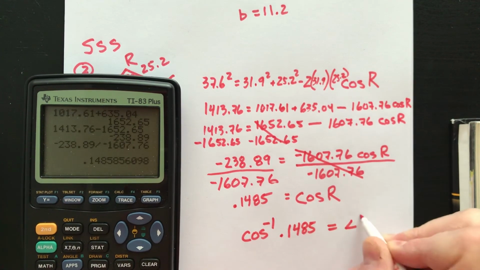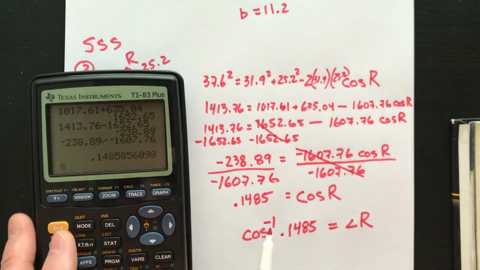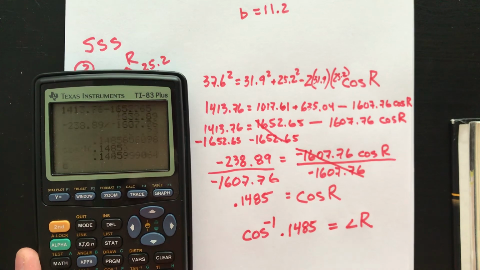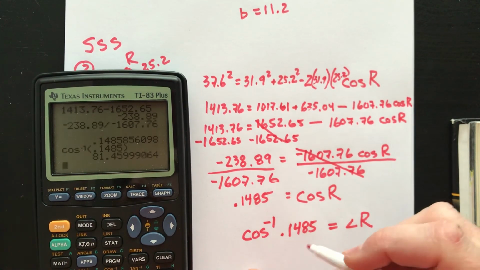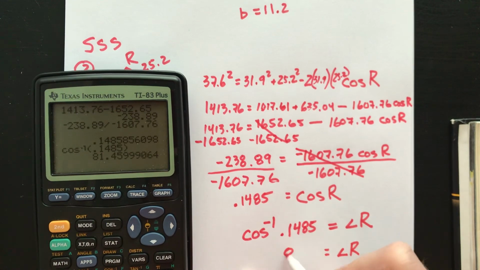That will be equal to angle R. So I'm going to type that into my calculator. Inverse cosine of 0.1485. Make sure your calculators are in degree mode. Enter. I got 81.5. So angle R is equal to 81.5.